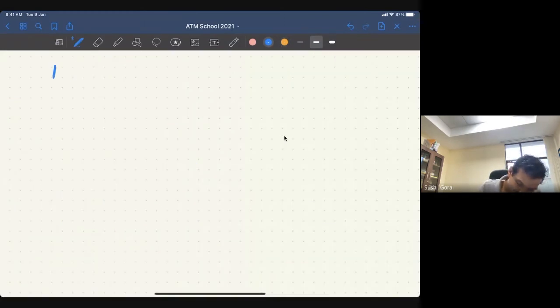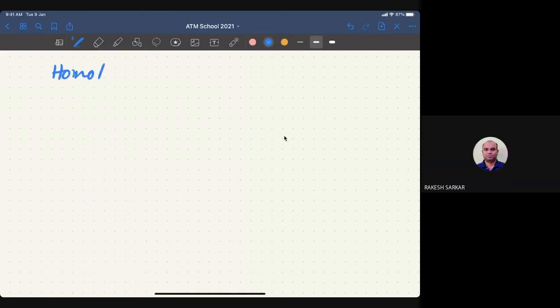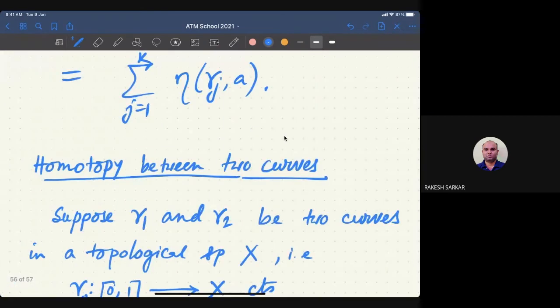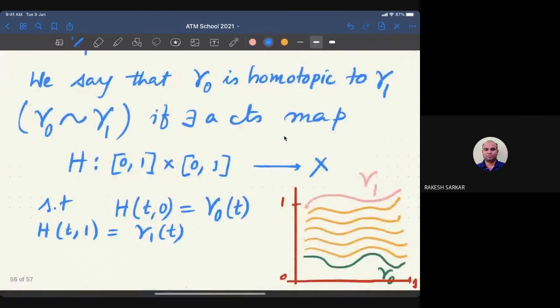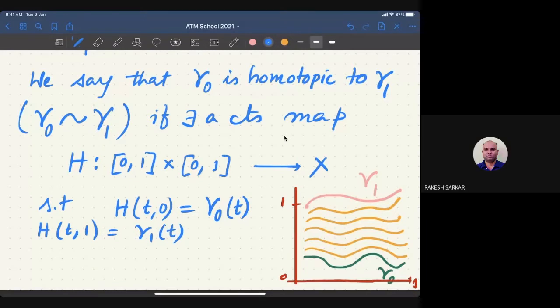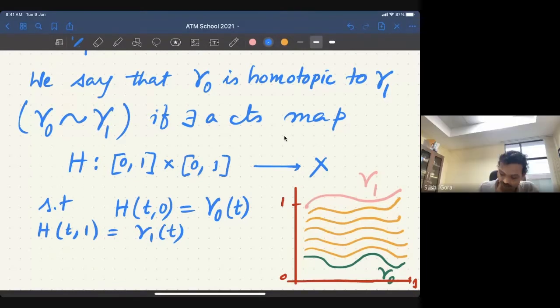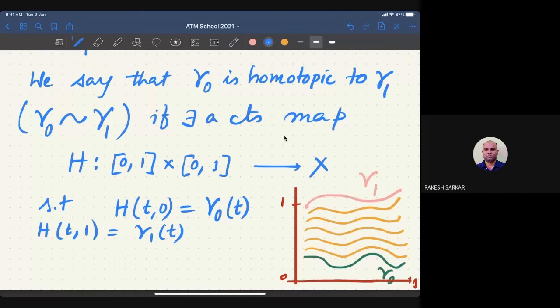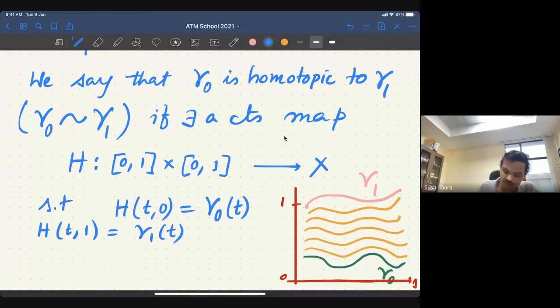So homotopy. Sir, one question. Yes. The curve in the middle is not defined here. Why? Only if t lies between 0 and 1, then it was not defined here. No, H is a continuous function, right?